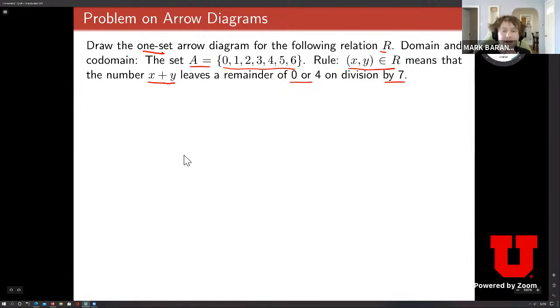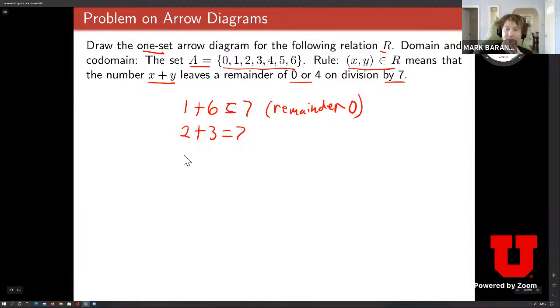So an example: 1 plus 6 equals 7, which has a remainder of 0, so that's in the relation. Whereas 2 plus 3 equals 5, which does not have a remainder of 0 or 4, so this is not in the relation. I'll give you about 2 minutes to do this yourself.